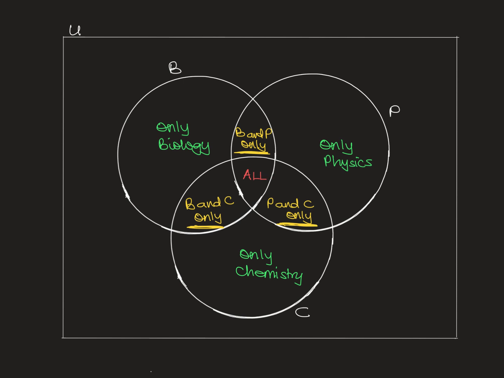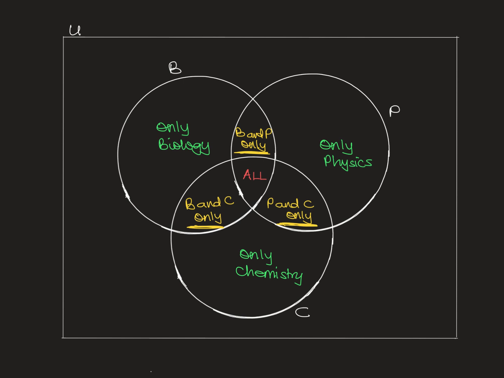For those studying only two subjects, we're going to have this space allocated for biology and chemistry only, this space for physics and chemistry only, and this space for biology and physics only. So, as you can see, we have regions for only one subject, regions for only two subjects, and a region for all the three subjects.